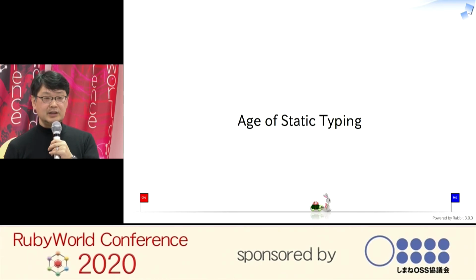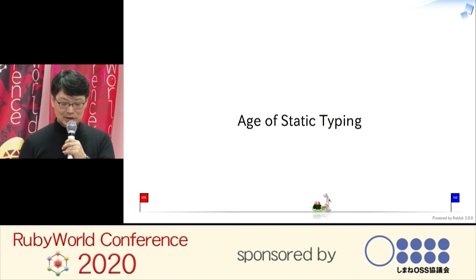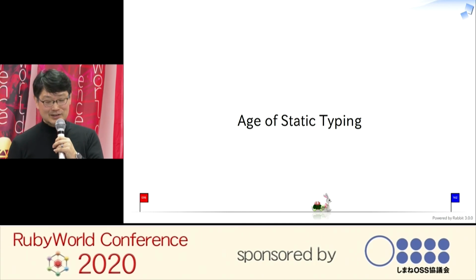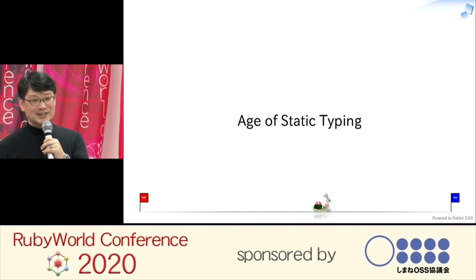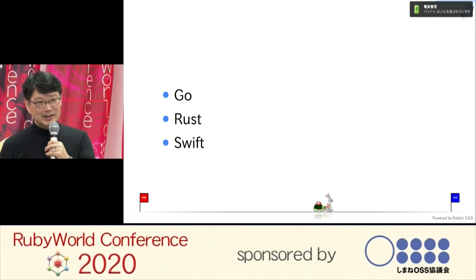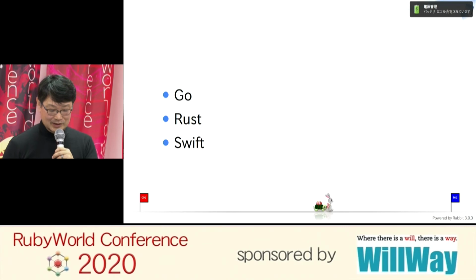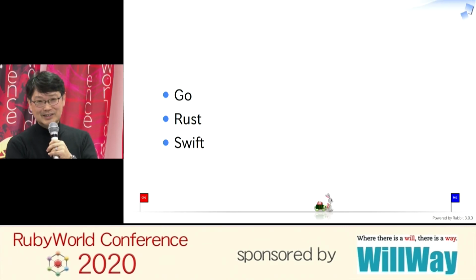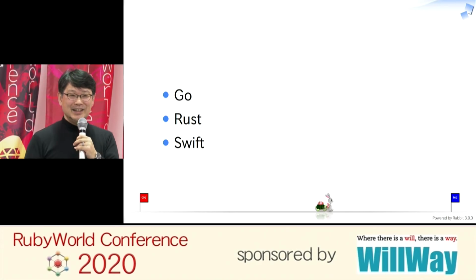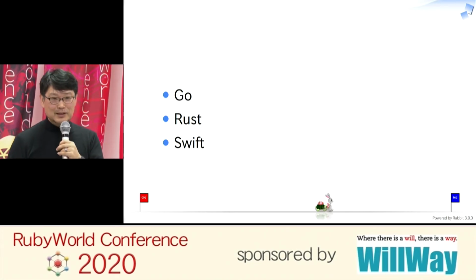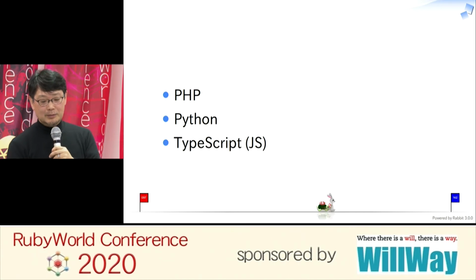We want to improve Ruby further, and we would like to find errors and bugs as early as possible. Since 2010, static typing was added to gems. And Ruby is dynamically typed, and there is no static typing. And we were told that Ruby is obsolete. And the recently popular languages Go, Rust, and Swift are static typing languages, and they're popular these days.